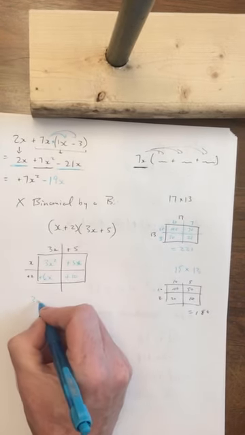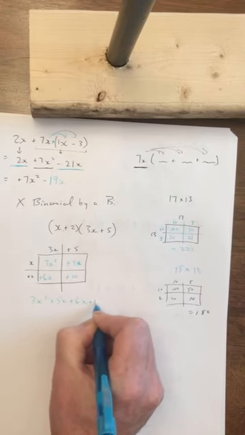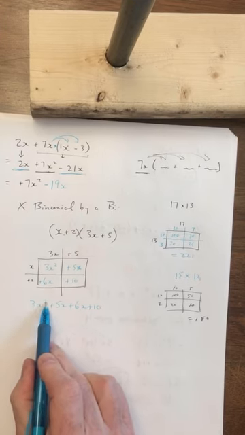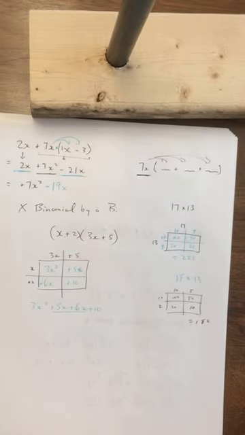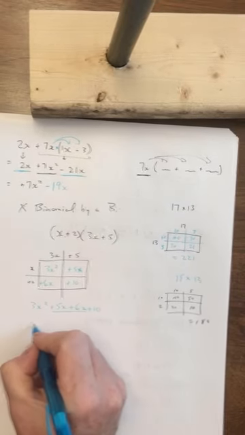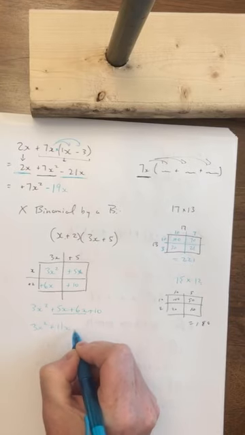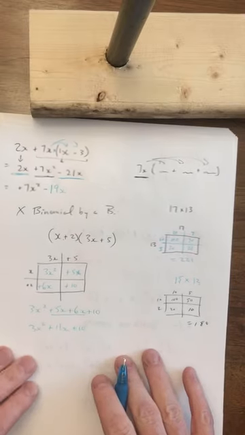So 3x squared plus 5x plus 6x plus 10. I added them together in order of descending exponents. I can obviously stick those two together because they are like terms. So 3x squared plus 11x's plus 10. There's my answer. Now, you were probably also taught the FOIL method.